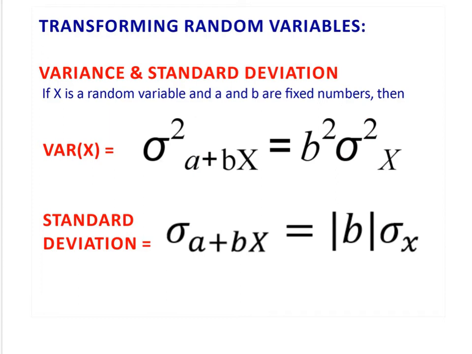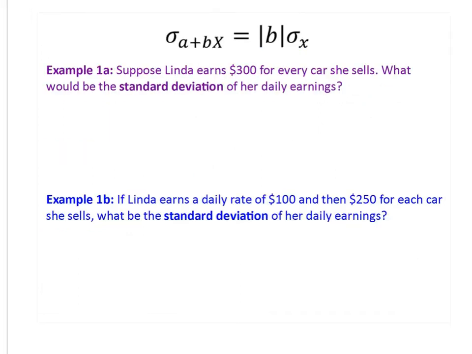So let's take a look at these in practice. It says, Linda earns $300 for every car she sells. What would be the standard deviation of her daily earnings? Well, we said $300 for every car she sells. That means B is 300.